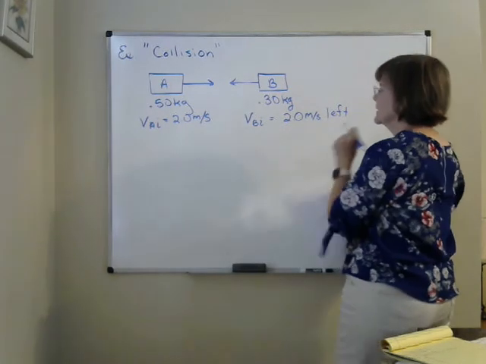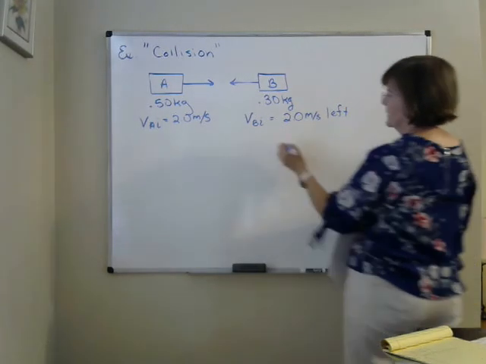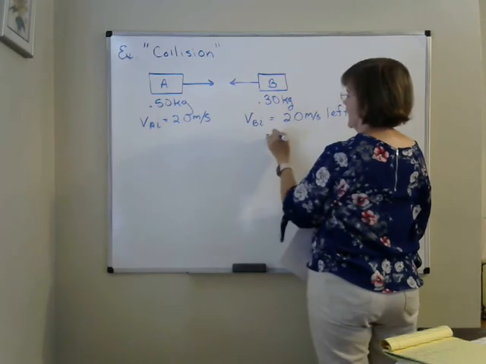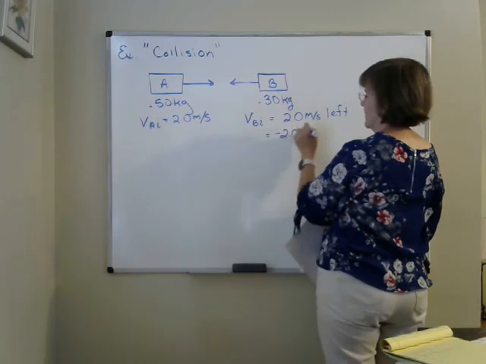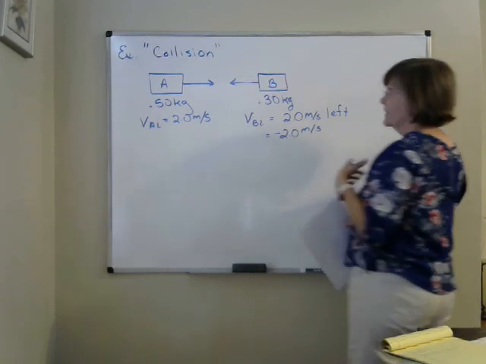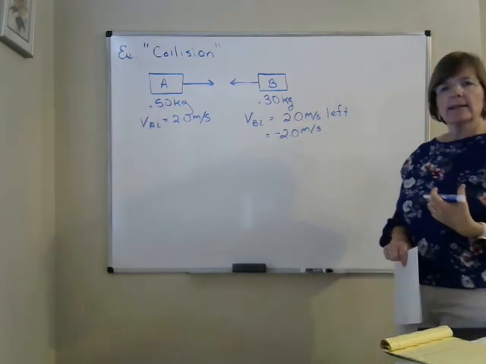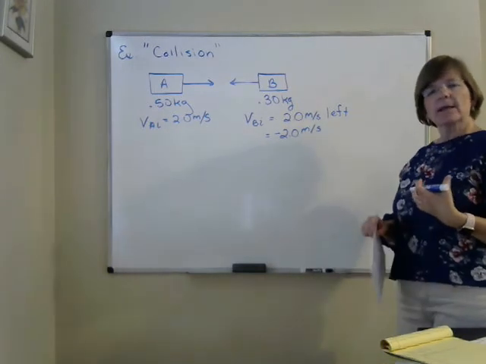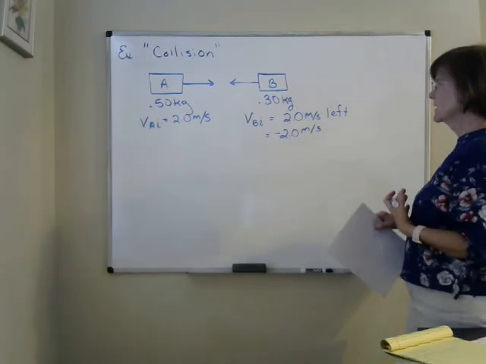Okay, folks, that's really important. What that means is negative 2.0 meters per second. We have to pay attention to signs when we're working with momentum because momentum is a vector quantity.